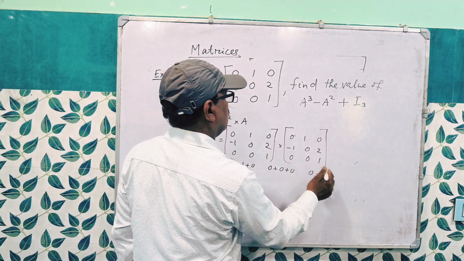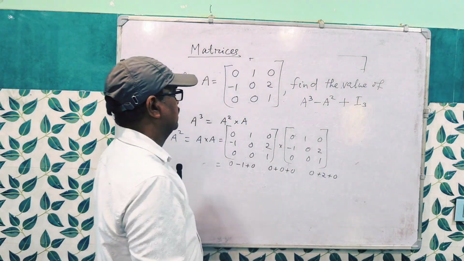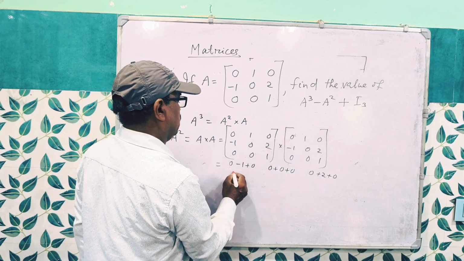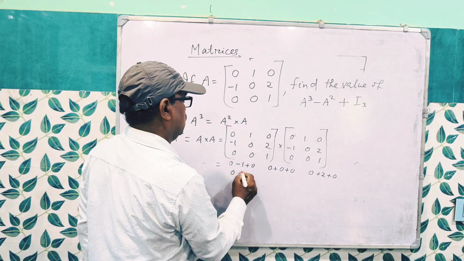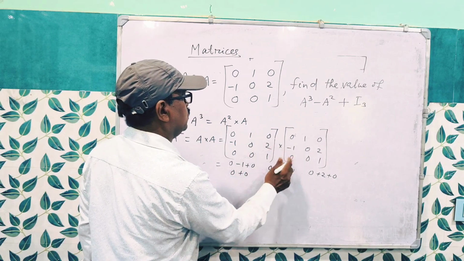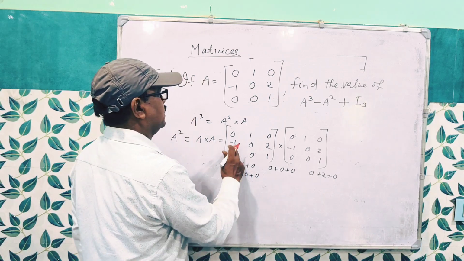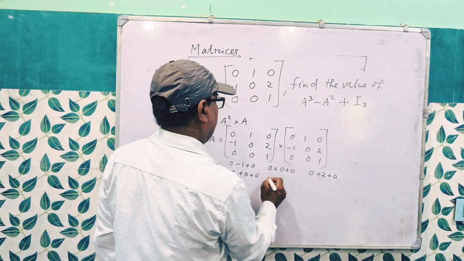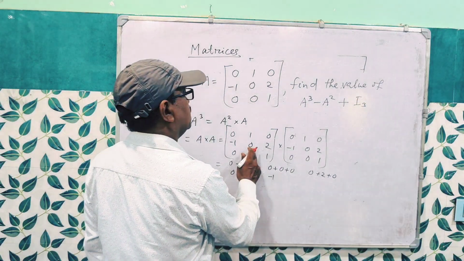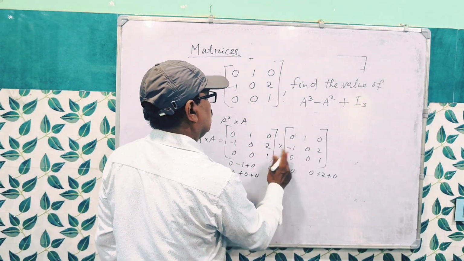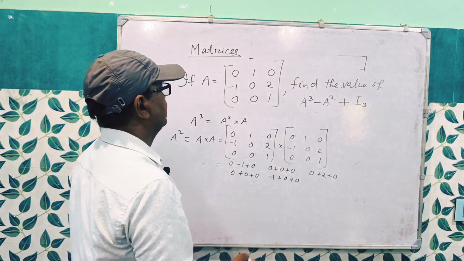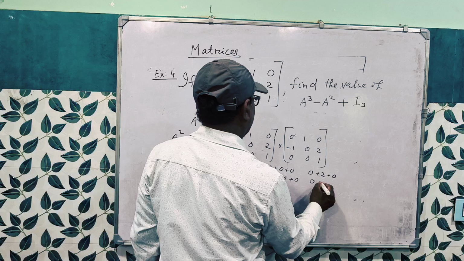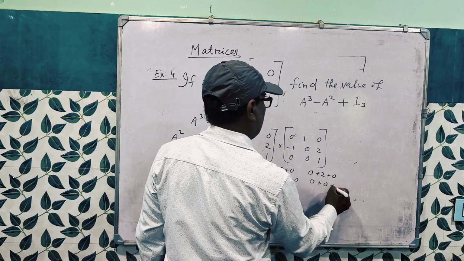Then second row, first column: minus 1 into 0 is 0, 0 into minus 1 is 0, 2 into 0 is 0, giving 0. Then second row, second column: minus 1 into 1 is minus 1, 0 into 0, 2 into 0, giving minus 1. Then second row, third column: minus 1 into 0, plus 0 into 2, plus 2 into 1, giving 2.